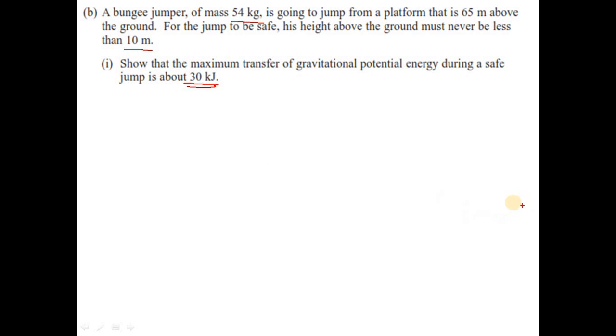The situation is, this is the ground, and you can imagine this is a platform where a person jumps, and the total height between the ground and the platform is 65 meters. For a safe jump, the jumper should be 10 meters above the ground.